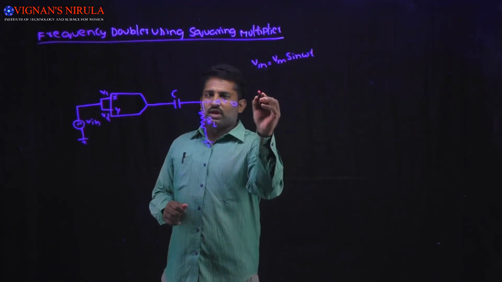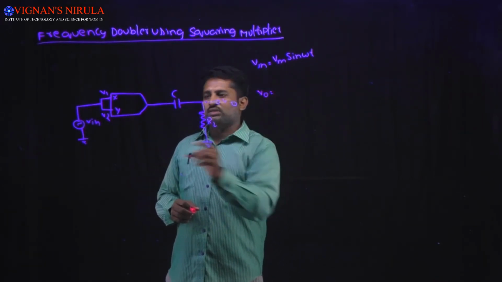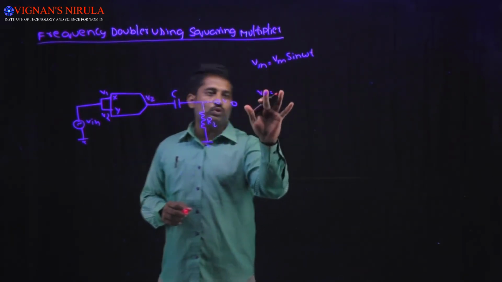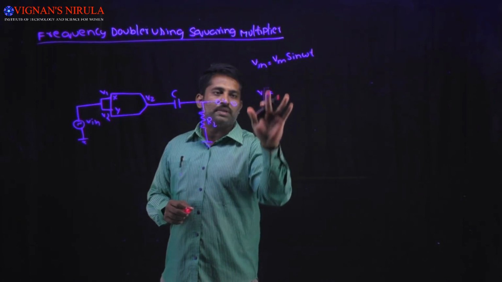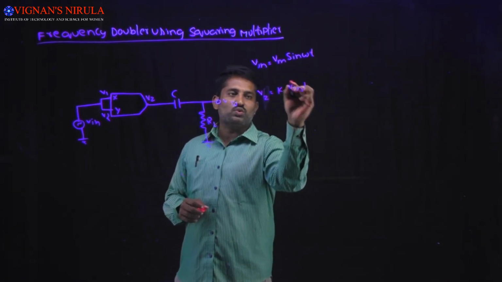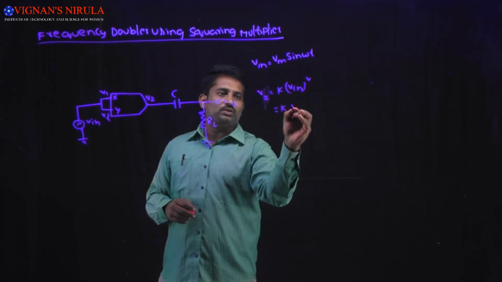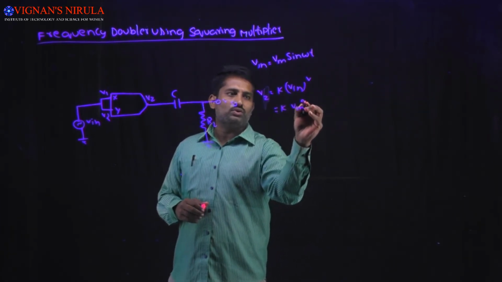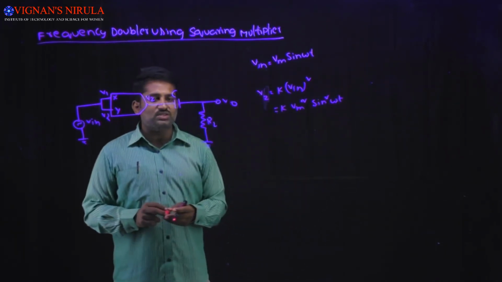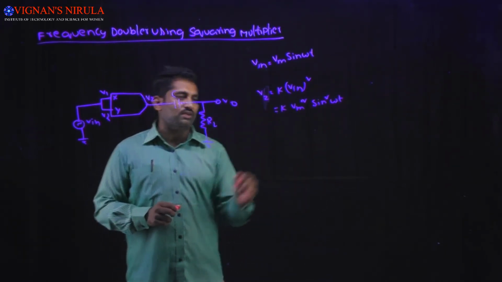So the output voltage V0, first I am going to calculate the output voltage of the squaring multiplier circuit. Vz is equal to k into Vin square, which is nothing but k into Vm square into sine square omega t. Sine square theta is equal to 1 minus cos 2 theta divided by 2.